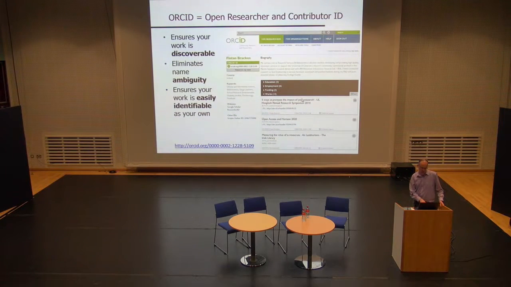They particularly talk about works rather than publications because they include performances, videos, different things like that. Okay, and there's different categories, and you can put them in, and it ensures that your work is discoverable. It eliminates name ambiguity because you end up given a 16-digit number, and it works with different other systems as well. So it's useful to make sure that everyone knows this is from you.